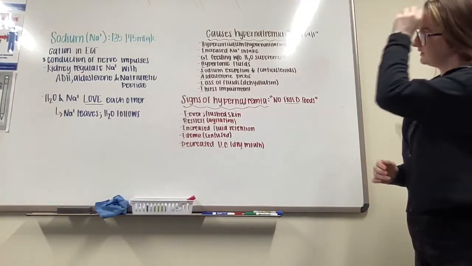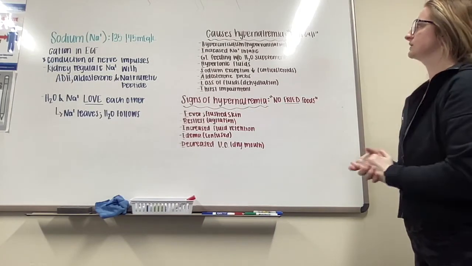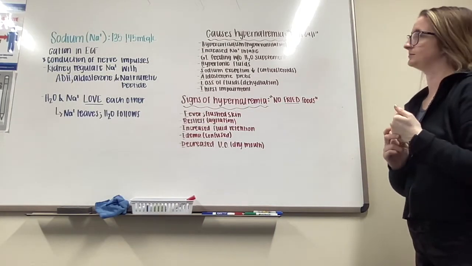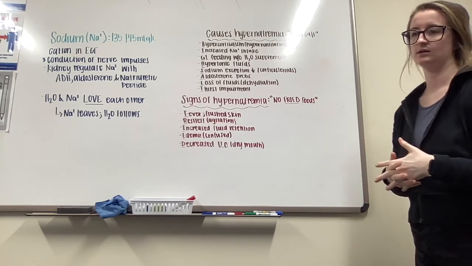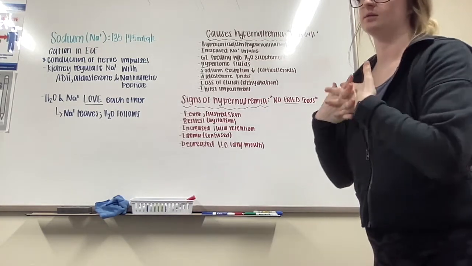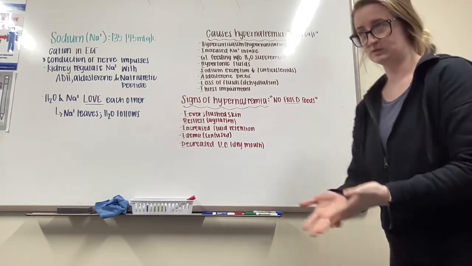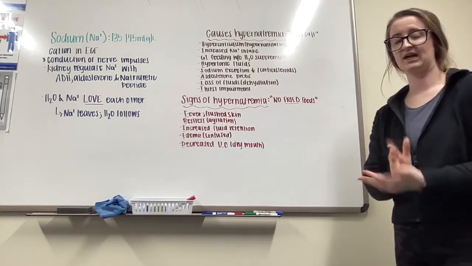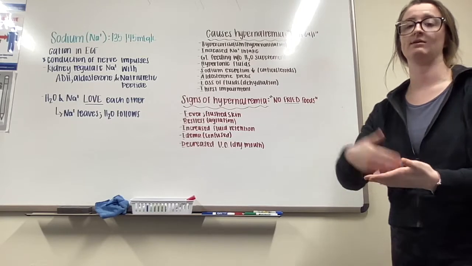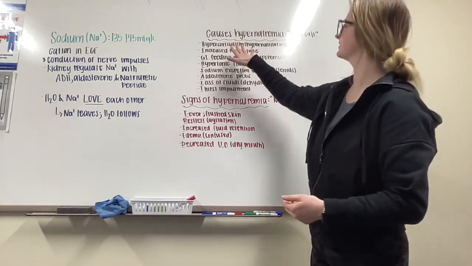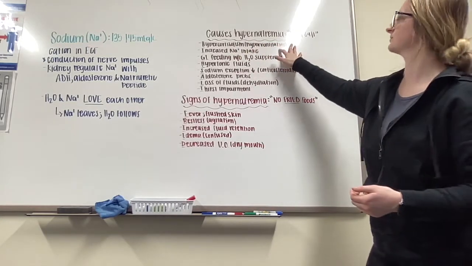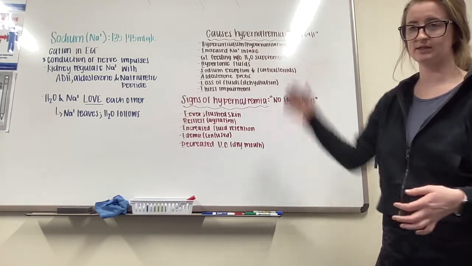Now we get into the causes of hypernatremia. Think of high salt. We had salt loss, and that makes sense because it's hypo. So hyper, we're going to have high salt. Hypercortisolism, and hyperventilation.